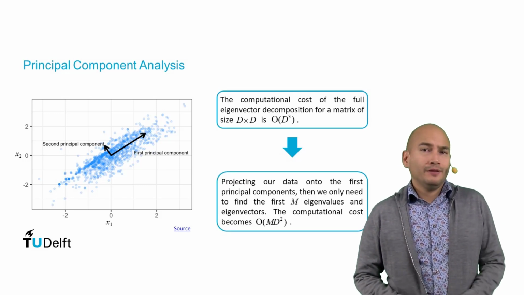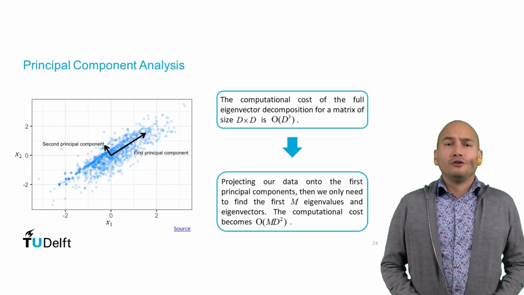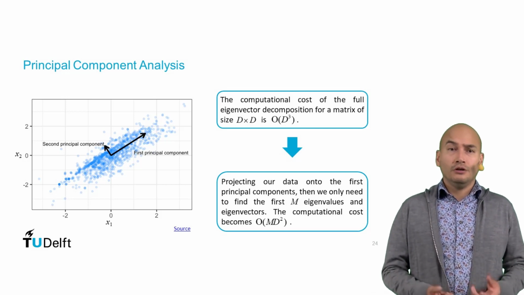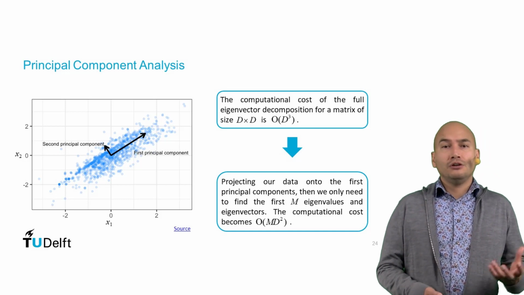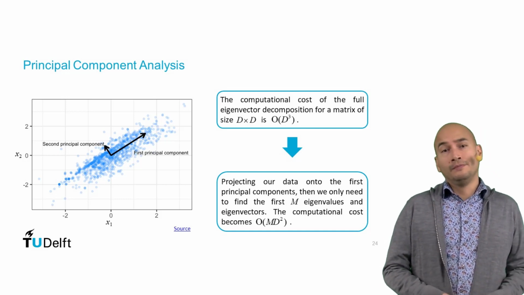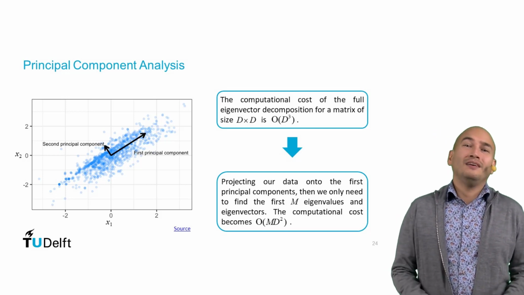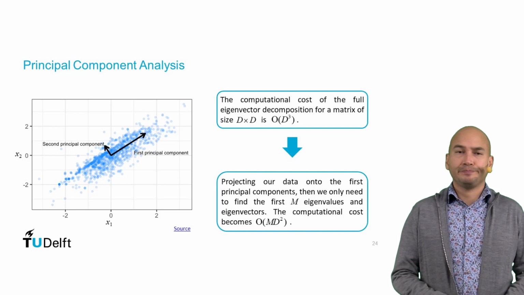Be aware that when implementing PCA, to get the eigenvectors, the computational cost of the full eigenvector decomposition for a matrix of size D by D is O of D cubed. This can be computationally expensive when we are dealing with a data dimension D that is super large.